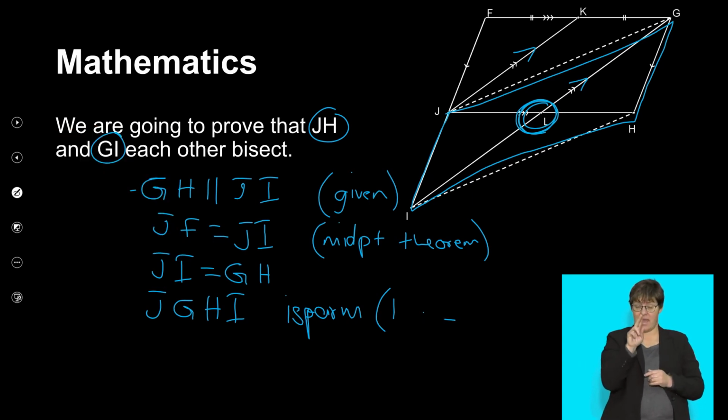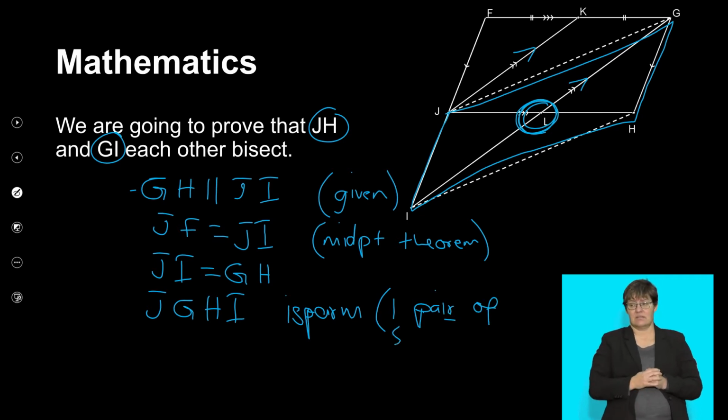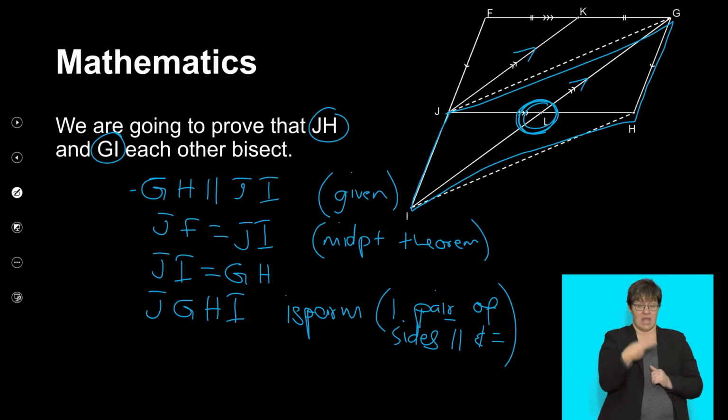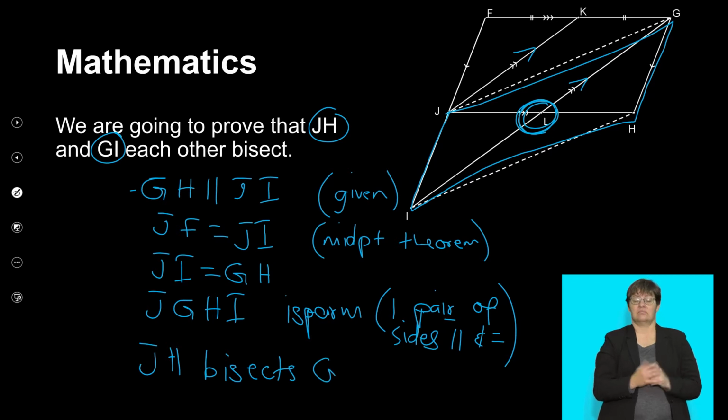It is one pair of sides parallel and equal. Based on that, it is a palm, right? And then if that is the case, JH bisects GI. And that will be the diagonals of a palm, right? Your reason will be diagonals of a palm, or just properties of a palm.